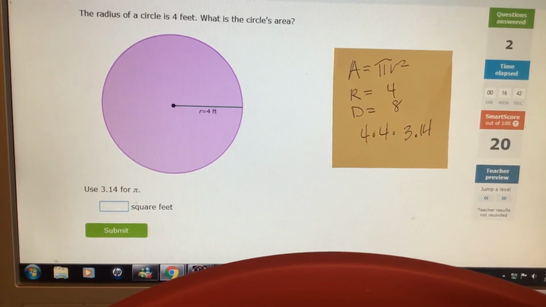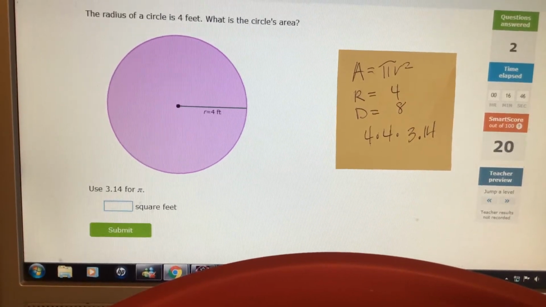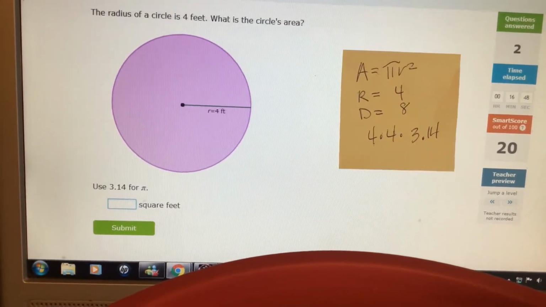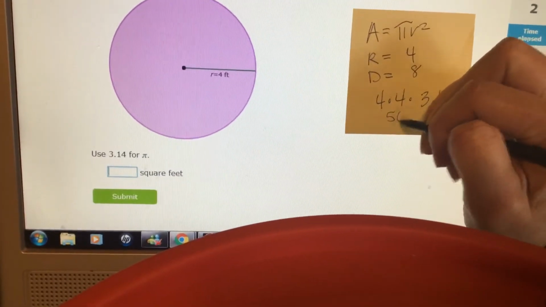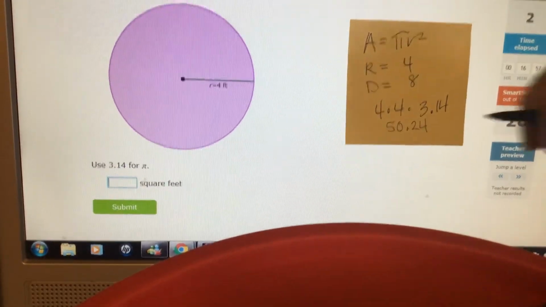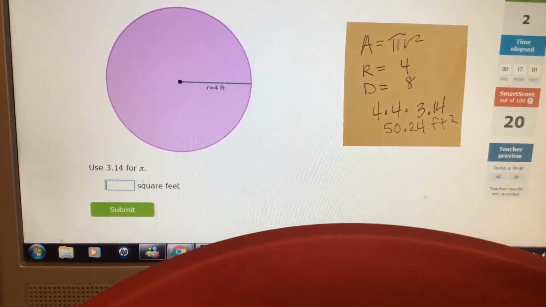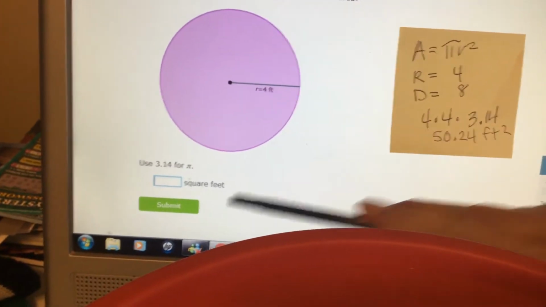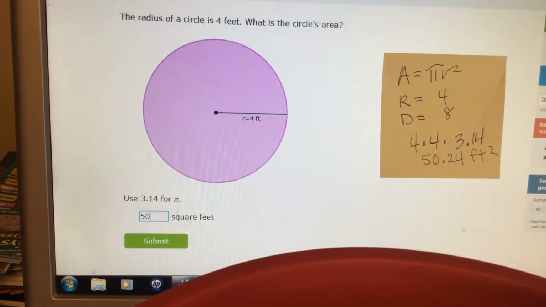So 4 times 4 is 16 times 3.14 should give me 50.24, and then it would be feet squared. Now they already gave me square feet in the answer, so I just need to punch in 50.24.